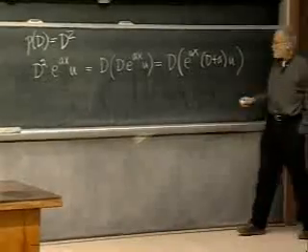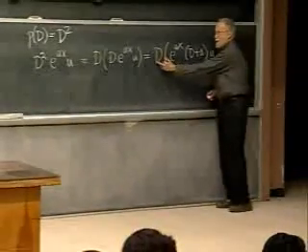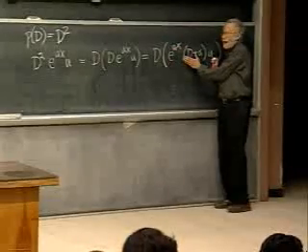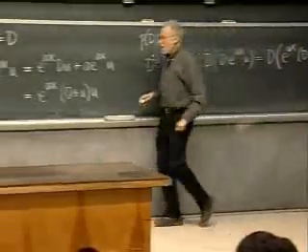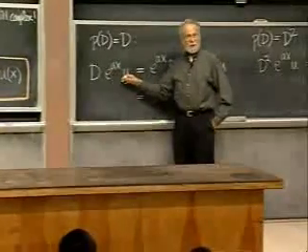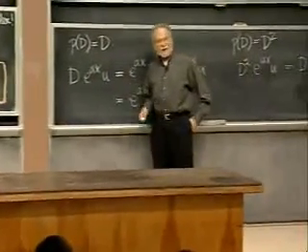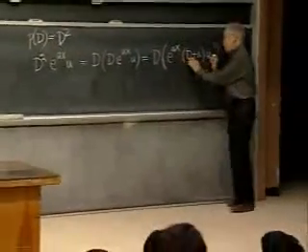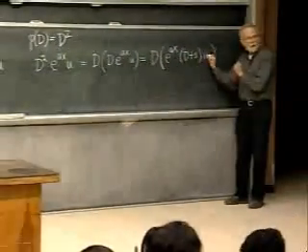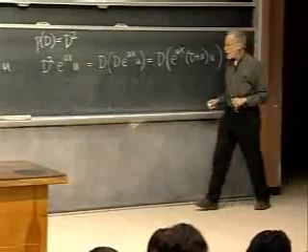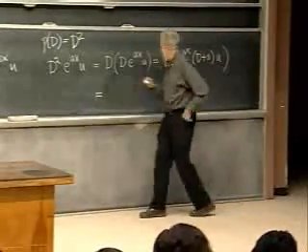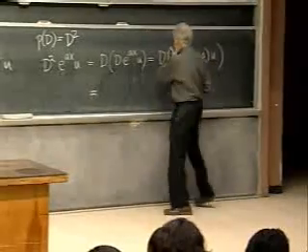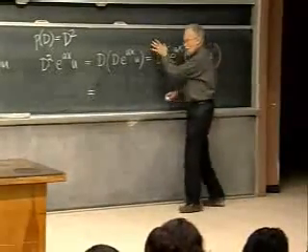Well, that looks like a mess, but it isn't, because I'm taking d of e to the ax times something. And I already know how to take d of e to the ax times something. It doesn't matter what that something is. Here the something was u. Here the something is d plus a times u, operating on u. But the principle is the same, and the answer is what? Well, to take d of e to the ax times something, you pass the e to the ax over the d.